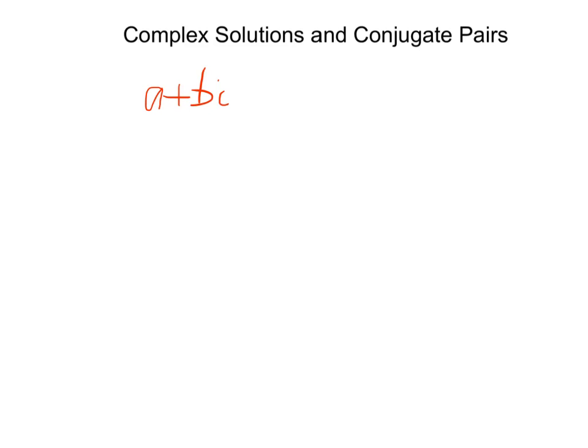So the complex solutions to a polynomial equation always occur in conjugate pairs, meaning if 2 plus 3i is a solution to a polynomial, 2 minus 3i must also be.